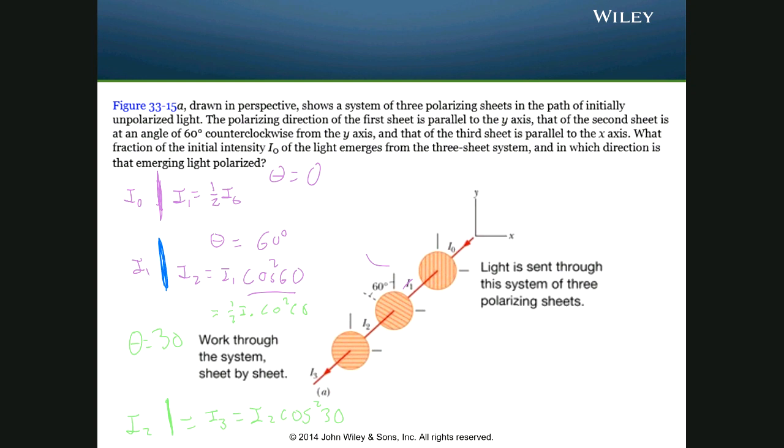That's going to be equal to 1/2 I0 cosine squared 60 times cosine squared 30. And that should give you your polarization angle.